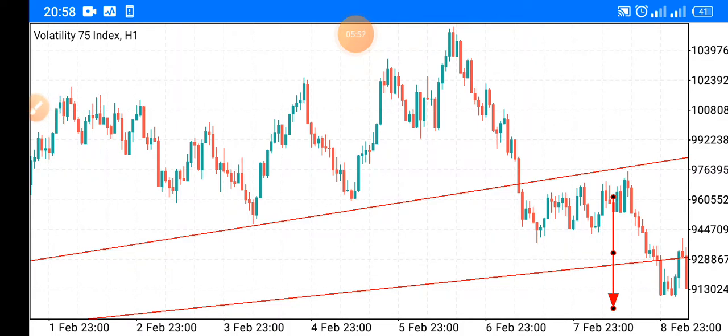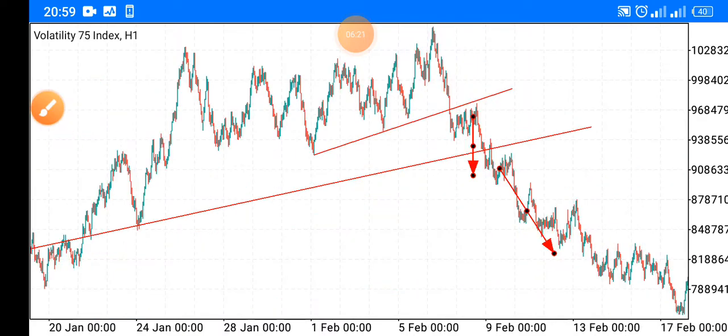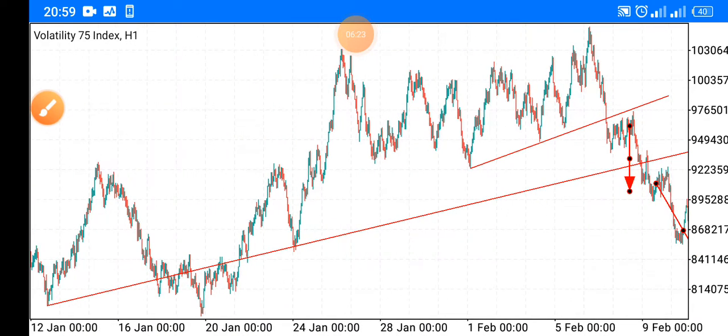Our first entry will be right here when the price breaks out of the trend line. Our second entry is going to be when price pulls back to retest this level. There are setups when the trend line coincides with our zone flip, and that will be a better setup to trade, because there is much more confluence.